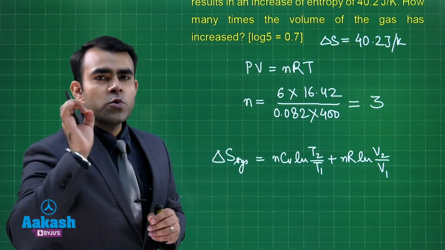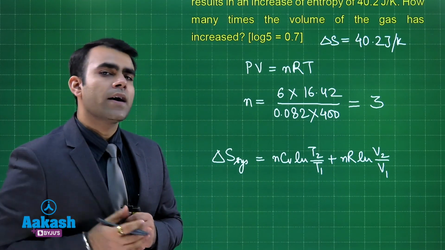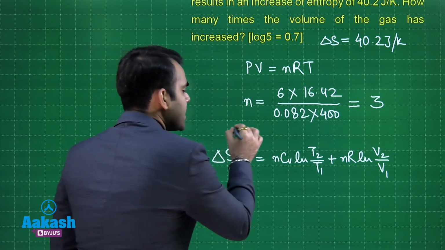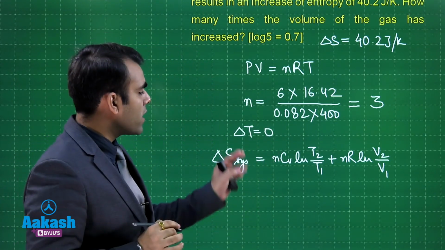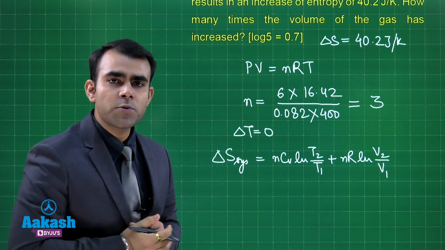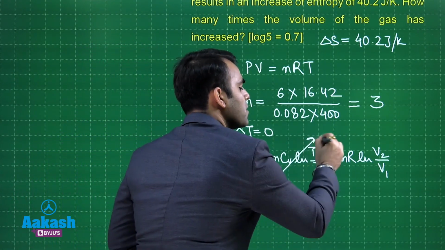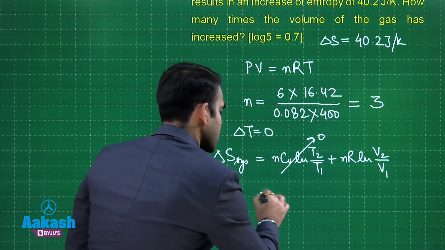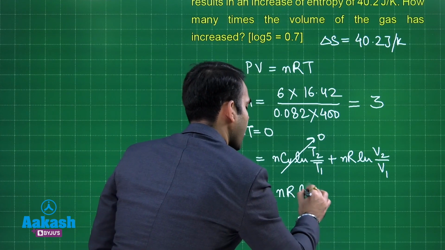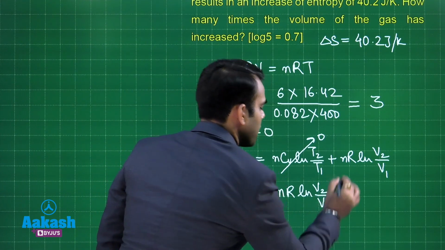Now as I have told you that the process is isothermal expansion. Isothermal means that delta T here is 0. And if delta T is 0, it means my T1 is equal to T2. So this term becomes equal to 0. So I am left with only one quantity, that is nR ln V2 by V1.